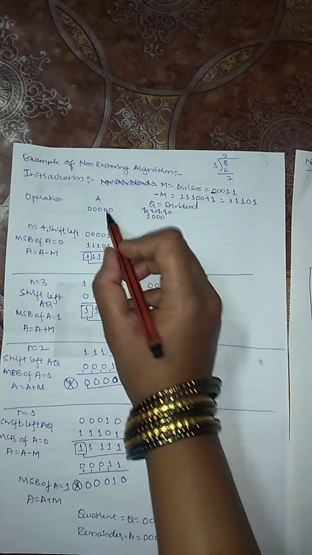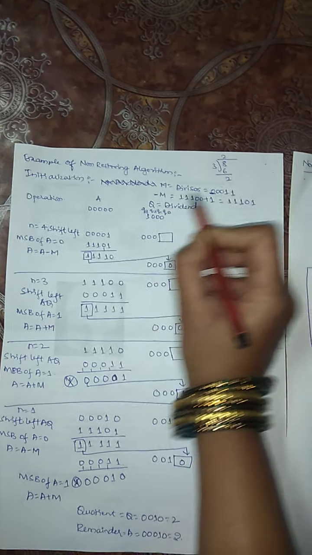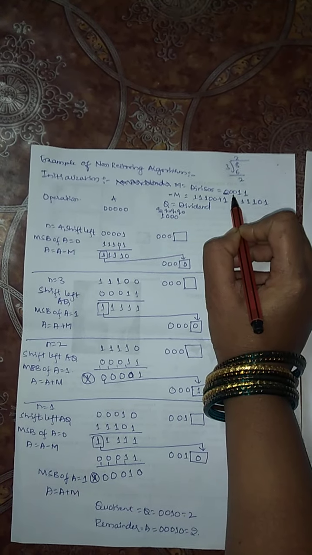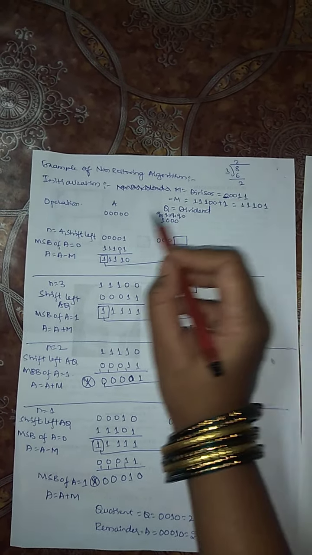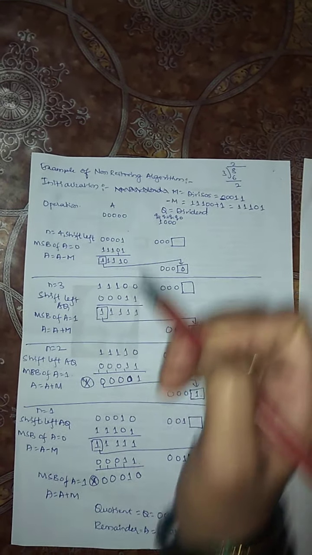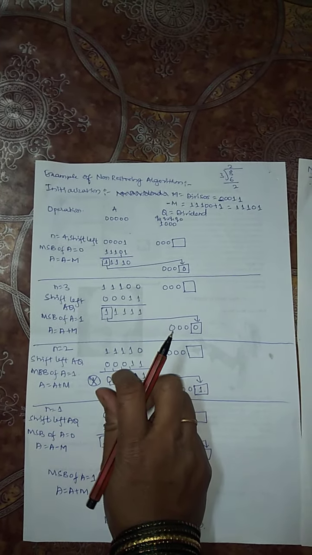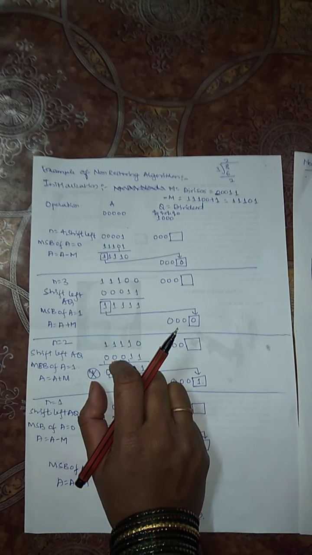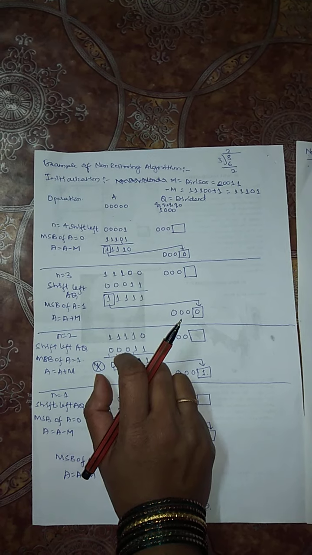See, the number of bits present in A and the number of bits present in M should be equal. Why should it be equal? Because we are doing operations with these two registers only, A plus M, A minus M. When we do operations on any two binary representations, the total number of bits should be the same.